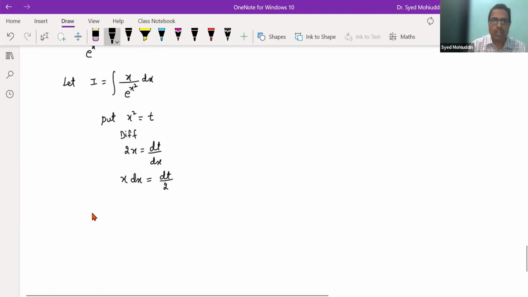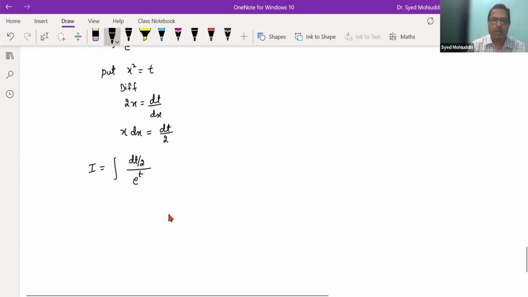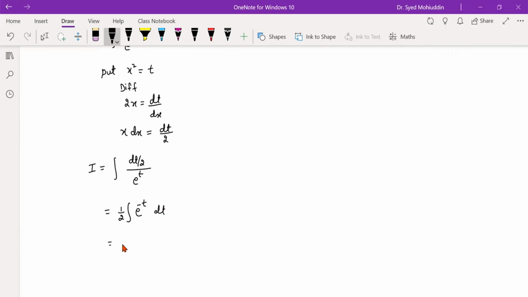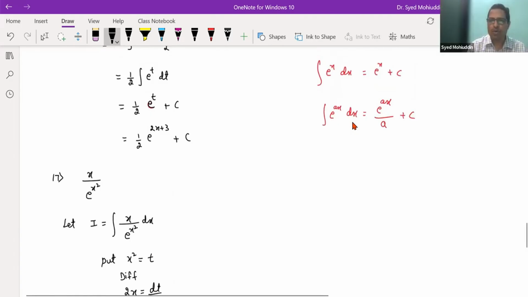So therefore you'll be getting I is equals to the integral of dt by 2, whole divided by e power of x square, whose value will be t. Or further, 1 by 2, which is a constant outside, is the integral of, because e power of t is in the denominator, I'll take that in the numerator, e power of minus t into dt. Let us try to integrate it. Just now I've given the formula, we have to go for the second formula.